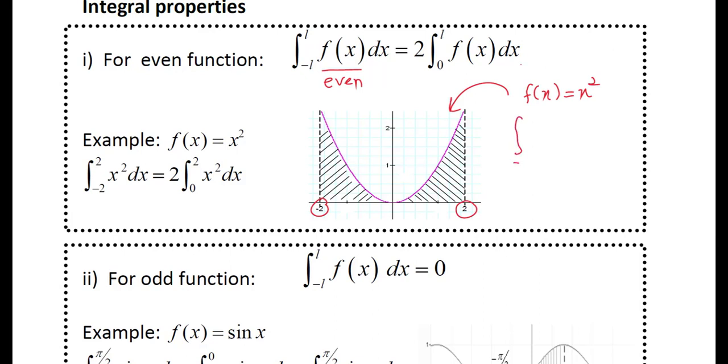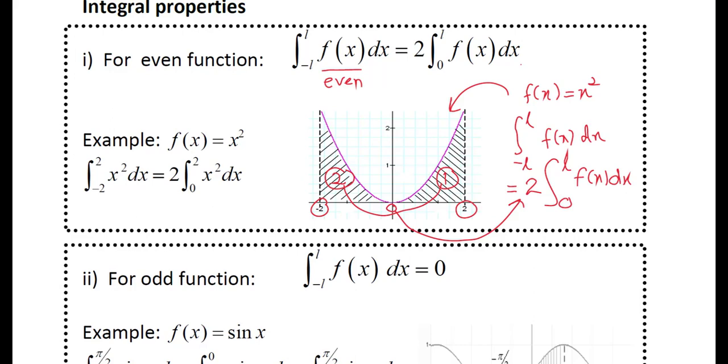Let's say from -L to L, f(x) dx. You can say that this one is equal to 2, because you have 1 and 2, multiply with the integral from 0 to L of f(x) dx. So this is the property for even function.